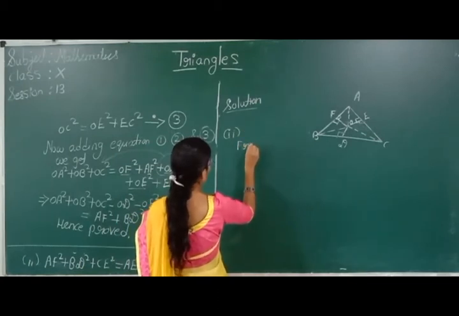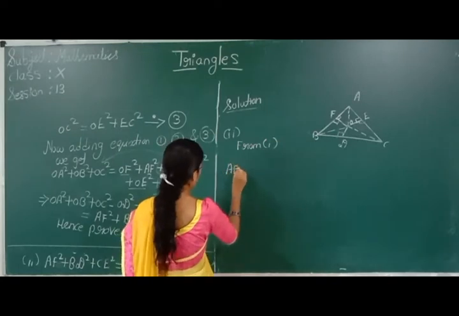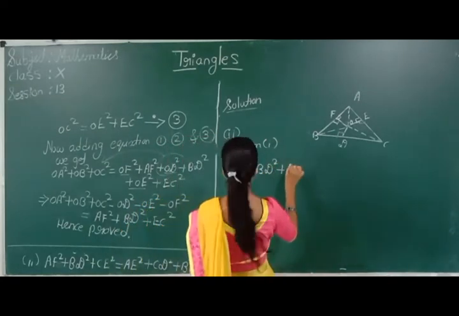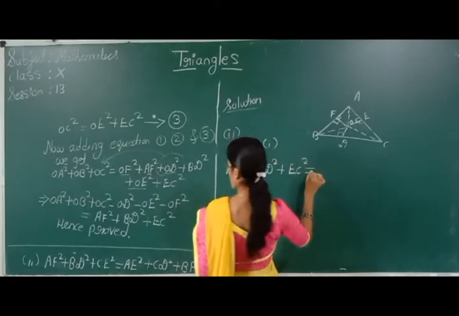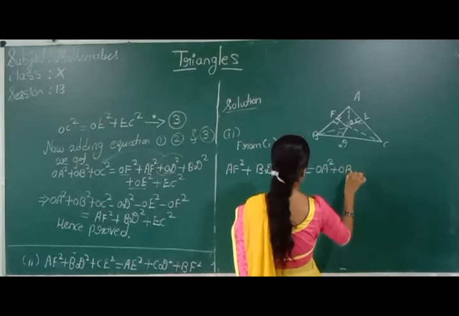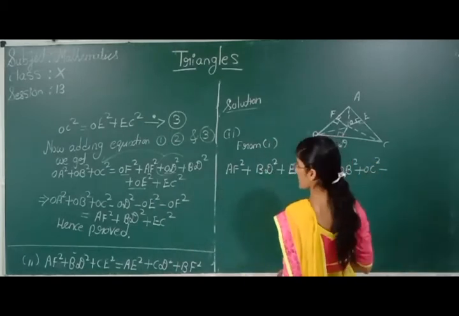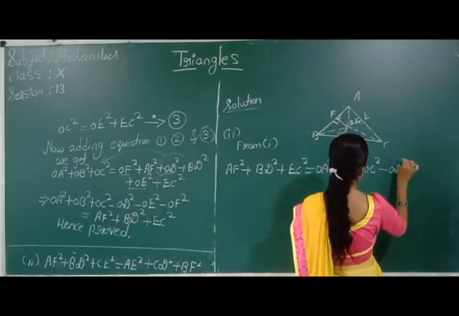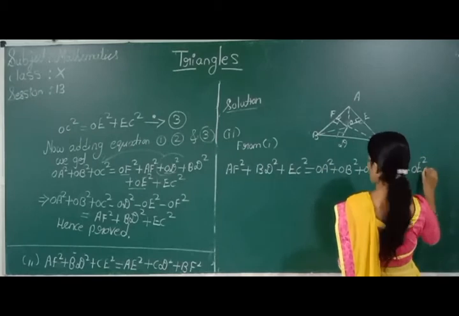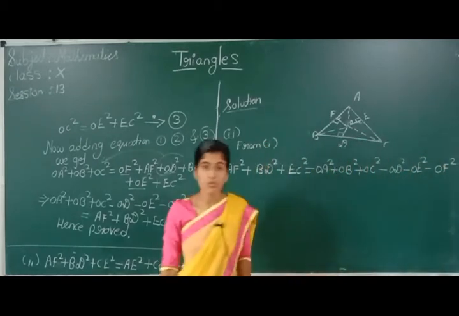From 1, AF square plus BD square plus EC square is equal to OA square plus OB square plus OC square minus OD square minus OE square minus OF square. From 1 I took this to prove the second part.